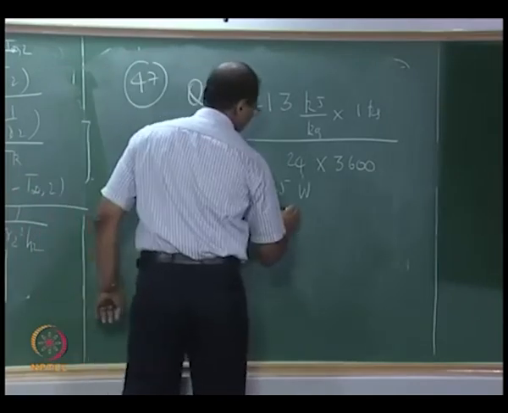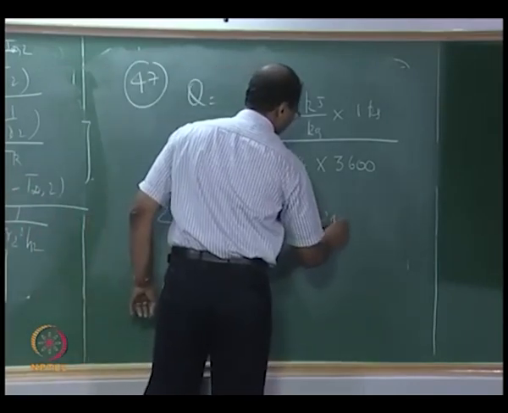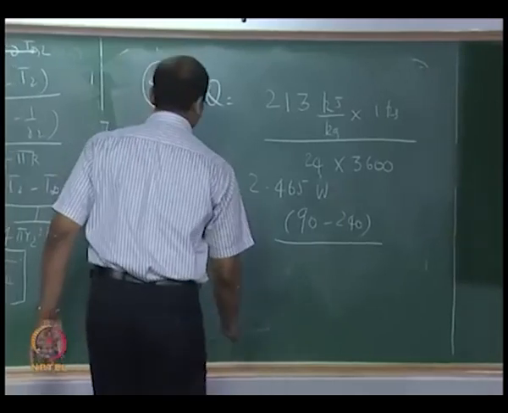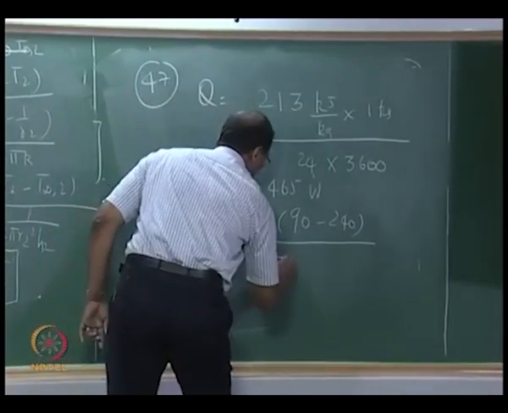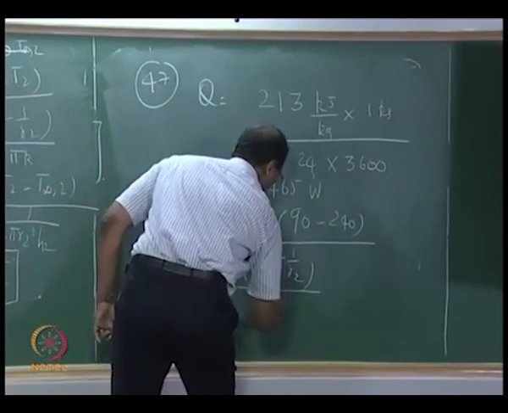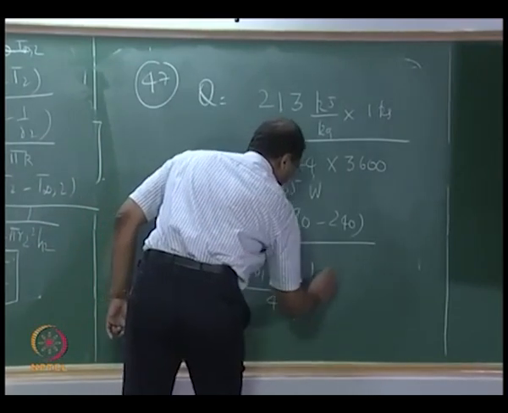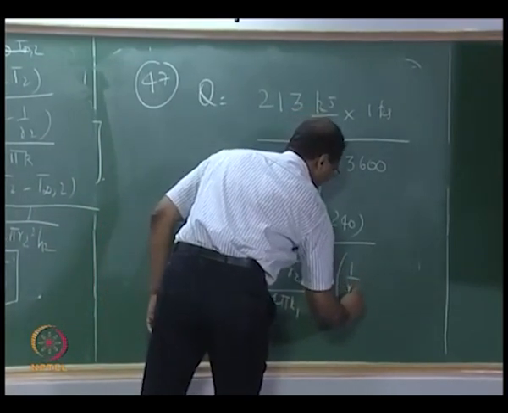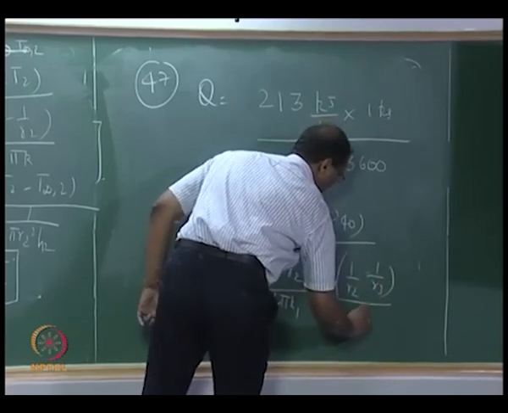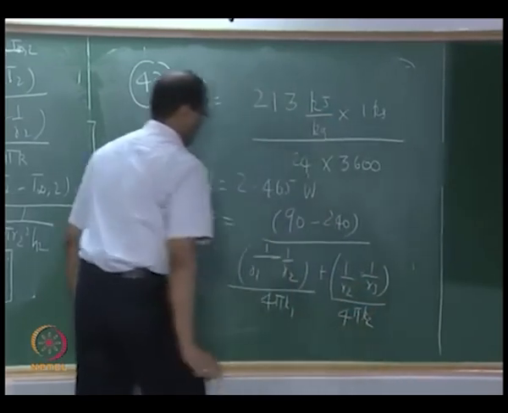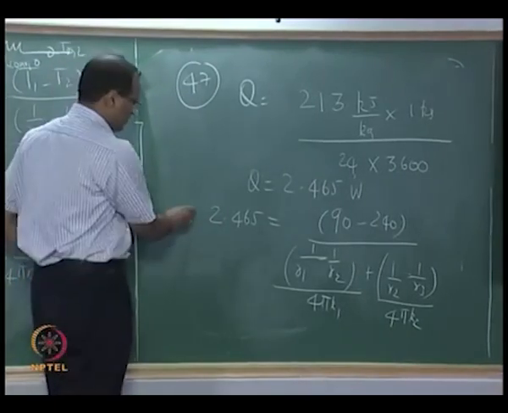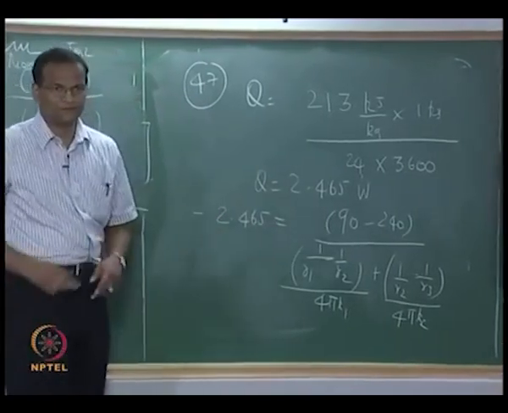So, this will be, I hope the values are meaningful. No, let us write the first. Yeah, now tell me Vikram, what is the problem? Huh? This one, heat leak.